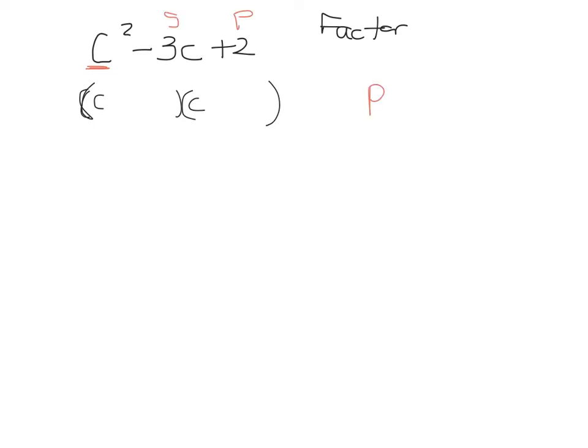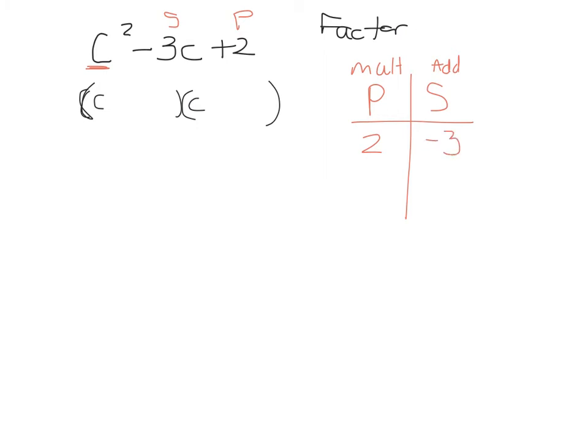I need two numbers that multiply together to be positive 2. The product is multiply, sum is adding. So multiplying to be positive 2 and adding to be negative 3.